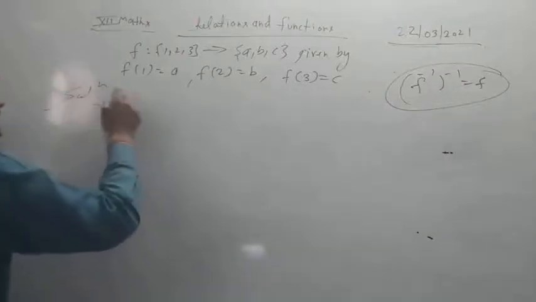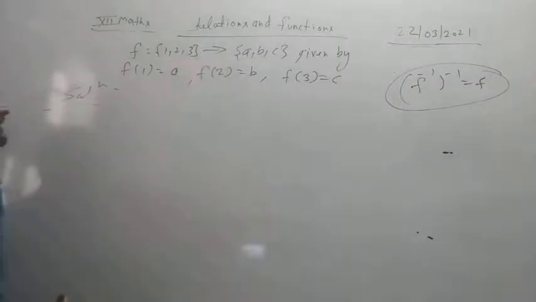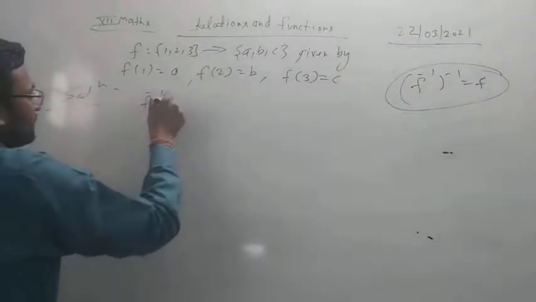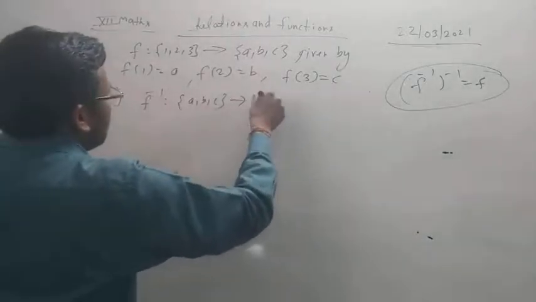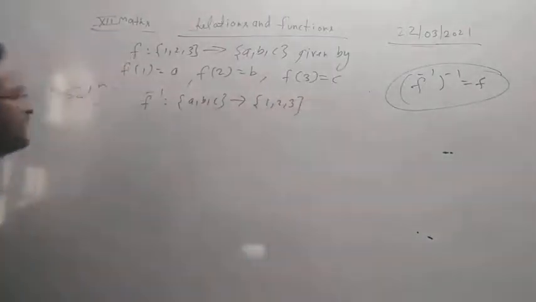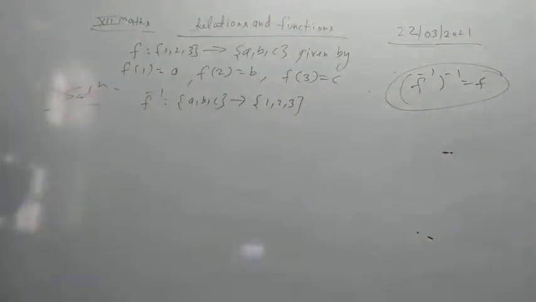Solution. So if this is the function, then we write f inverse from {A, B, C} to {1, 2, 3}. Okay, students, we write f inverse from y to x.